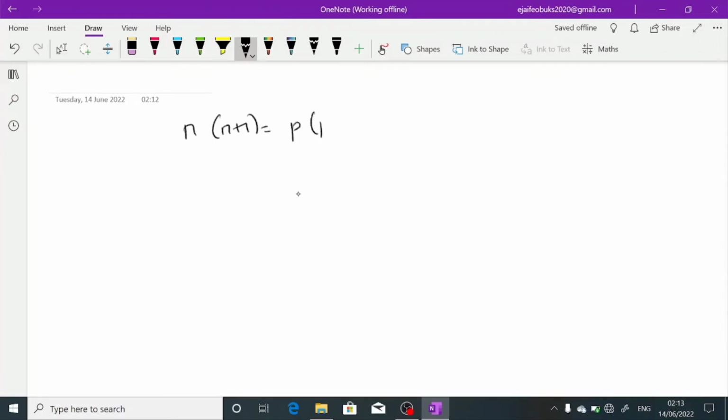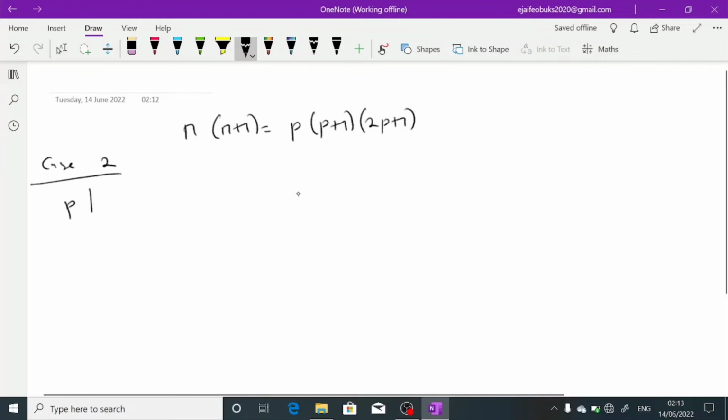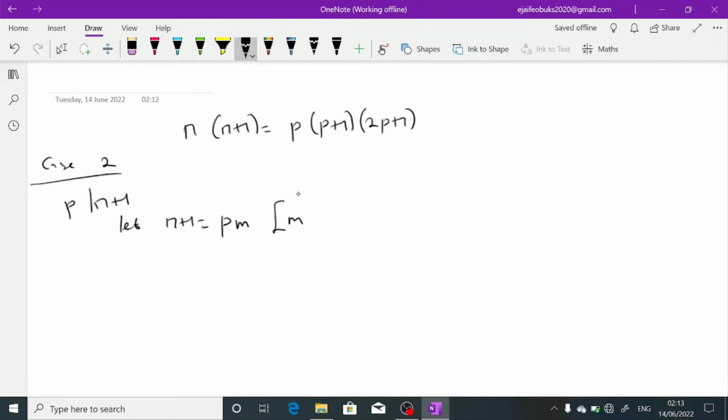P plus 1, 2p plus 1. And this is our case 2. P dividing n plus 1, right? So as usual, let n plus 1 equals p times m, where m is a member of the set of positive integers.